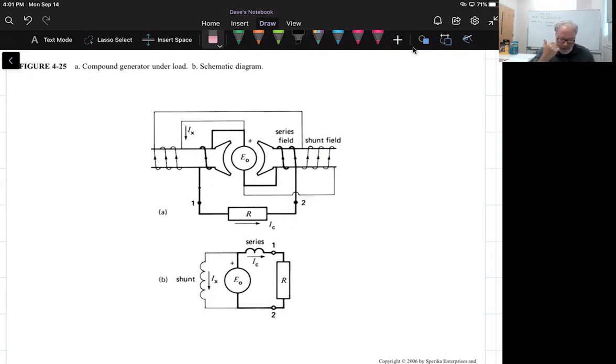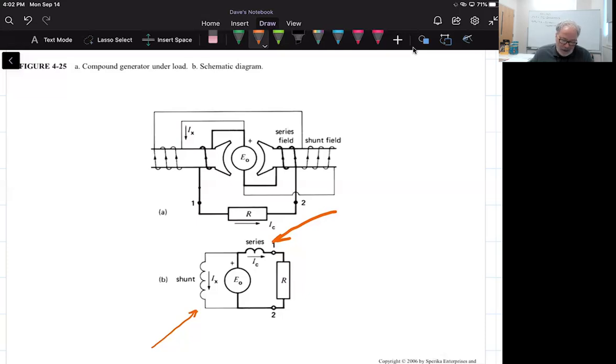A compound generator is shown in this figure 425, it's similar to a shunt generator. Let's start looking here at this slide. I think it's simpler to see here. So here's our armature, the E sub O right here. And here's a situation, I have a shunt field that is in parallel with the armature, but I'm also going to add something else here, a series field that is in series with all the current that flows through the load.